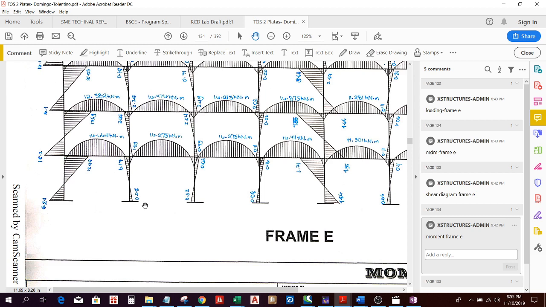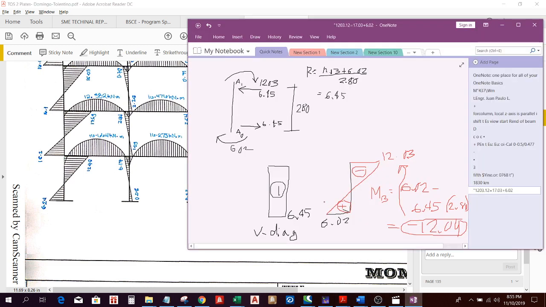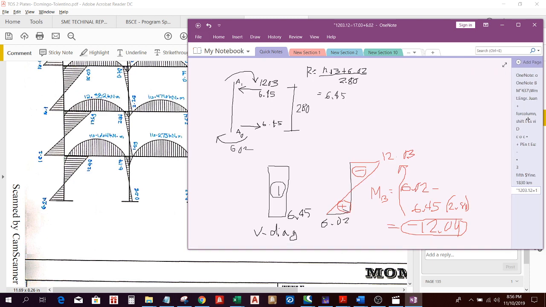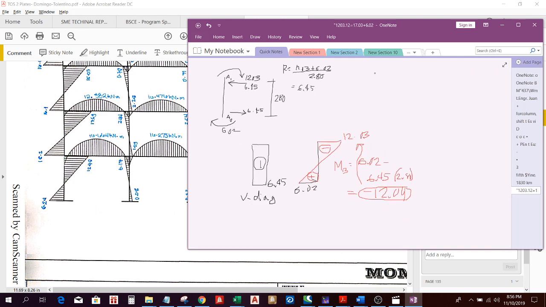There, 6.24 or 12.4. They're almost the same, there's just a discrepancy. So it's consistent. That means on this procedure, I am following this convention, similar to how you get the fixed end moment.